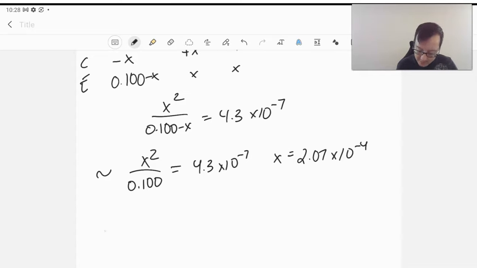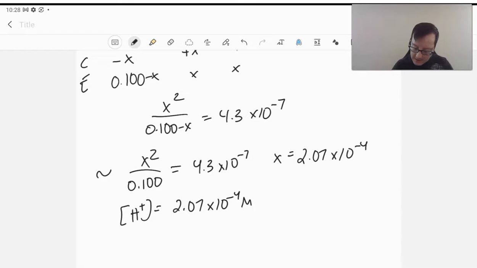With that in mind, we can see for the first equilibrium our concentration of H2CO3. Actually, we don't care about that. Let's look at H+. H+ is 2.07 times 10 to the negative 4 molar. And the bicarbonate, since this is the time we're going to actually need to know this number, would be the same value.